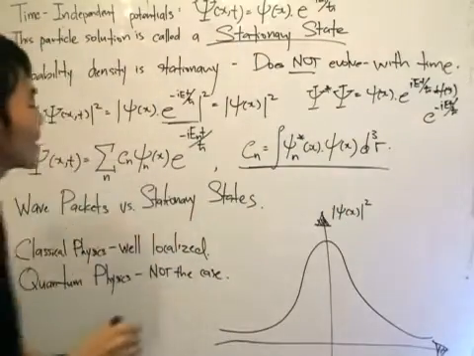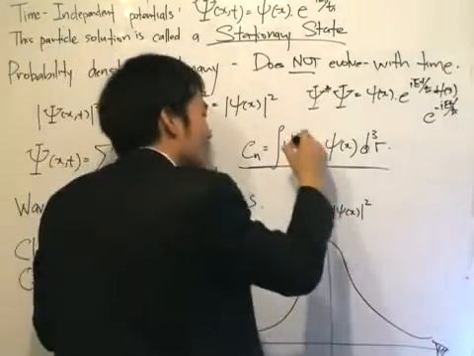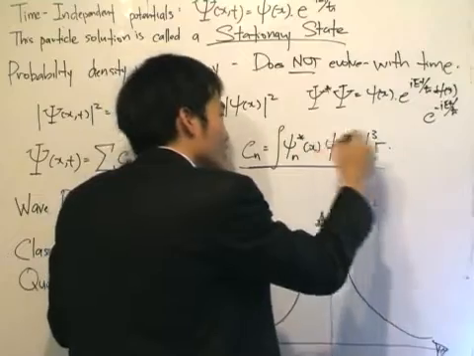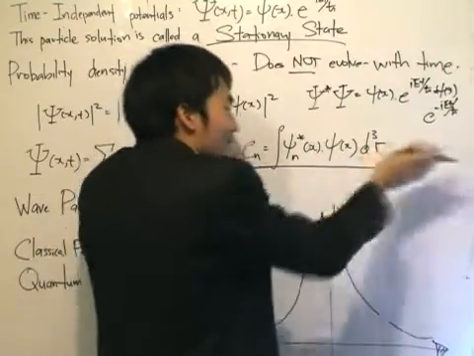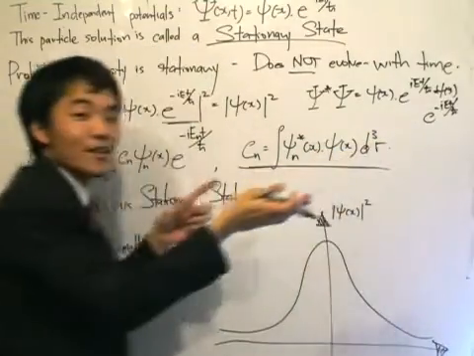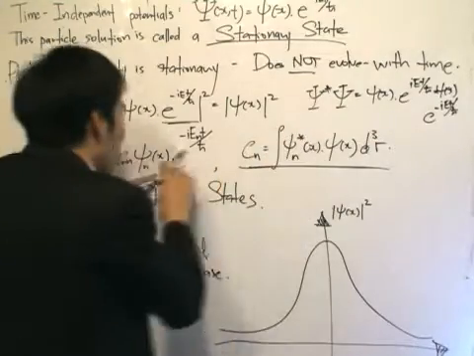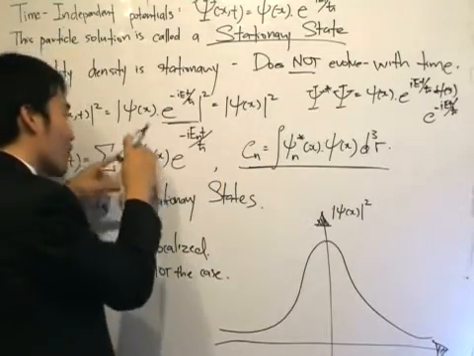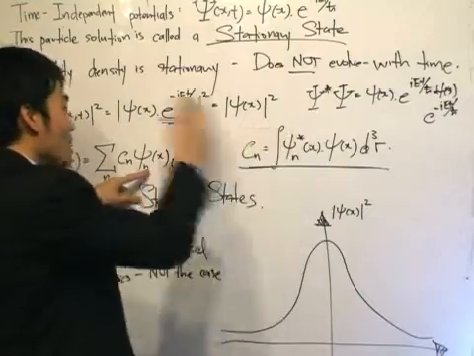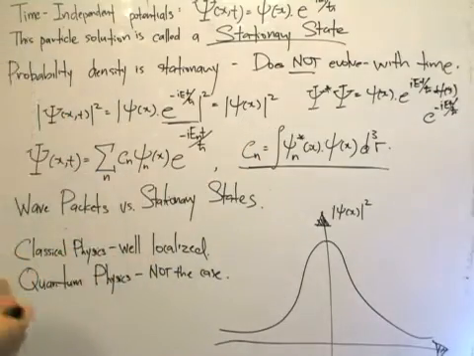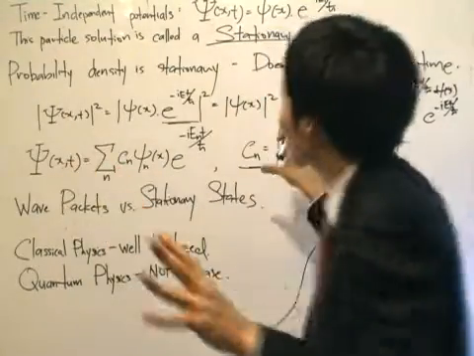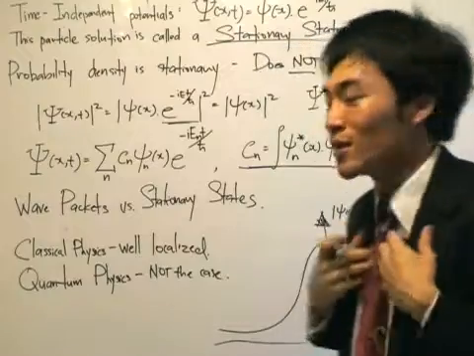Basically, we take the n component of this function and integrate it over the space dimension to get the coefficient, and then we multiply by the wave function psi_n itself. This is how we superimpose solutions, which is still a solution to the Schrödinger equation.